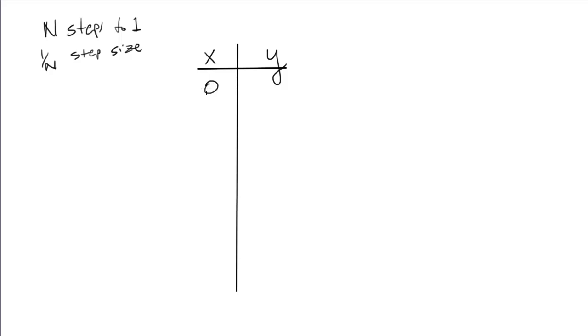Now we're ready to do n times. We'll take n steps to get to 1, so each step is of size 1 over n. The bigger n is, the smaller the step size. I'll do my first step. Every time I'm adding in the input, I'm multiplying in the output.